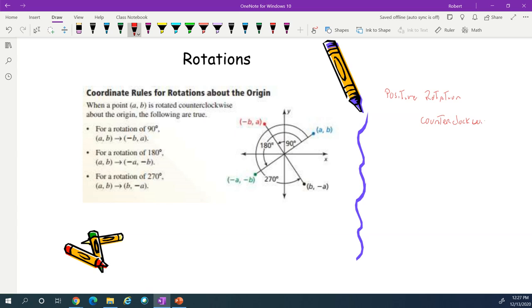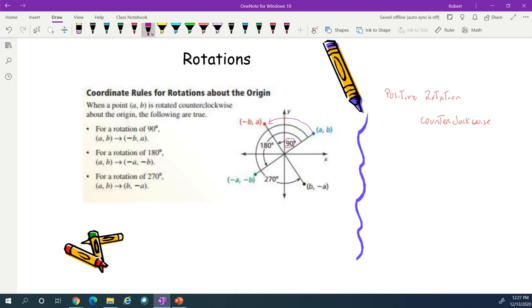It's a big word. So that's why in this image, they're showing you, for example, a positive 90 degrees rotates counterclockwise for our image. And they're giving us the rule.